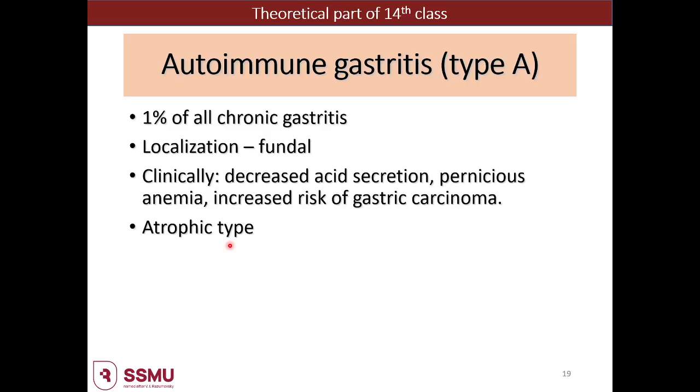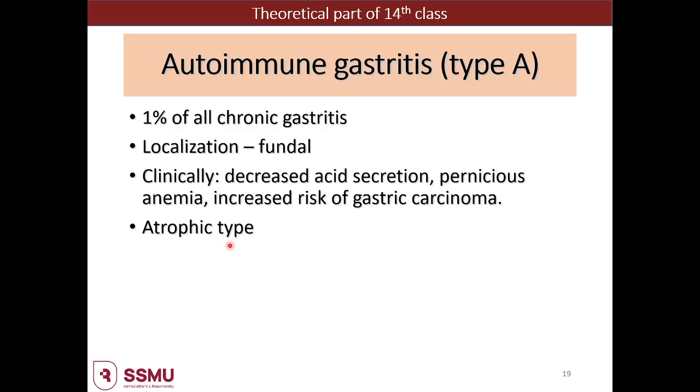It's very important to understand why this type of gastritis is called autoimmune: in the pathomorphological development of this condition, there is a special stage of formation of autoantibodies to the glands of the stomach, and that's why we may see atrophy in it.